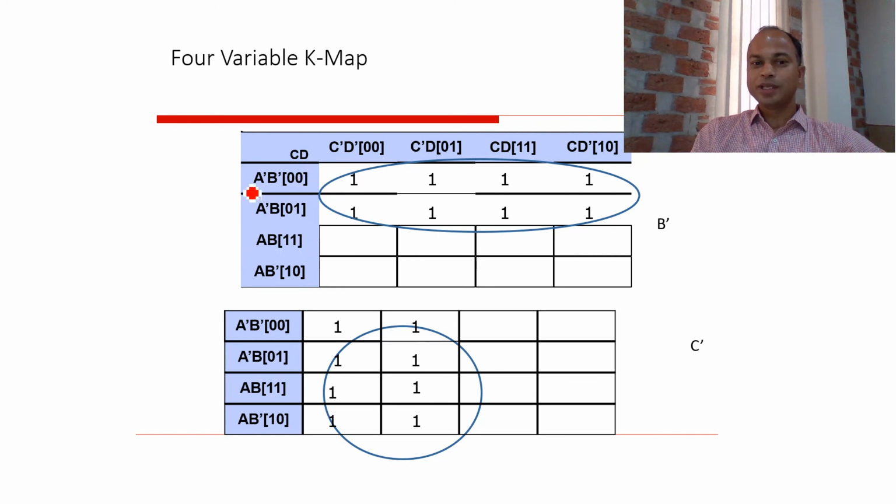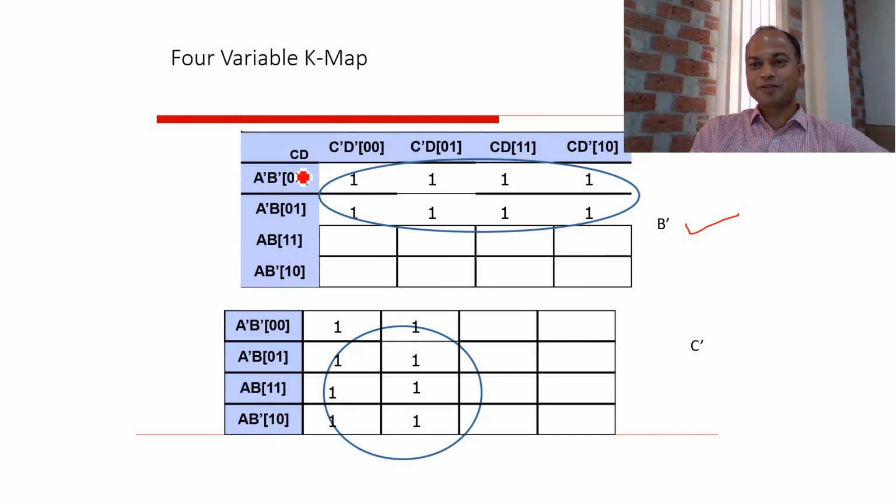So we take these two rows, which are A dash B dash and A dash B. If we take the common part, the first variable is 0 and this is 0. So 0 means we can write here B dash, because the common part is 0.